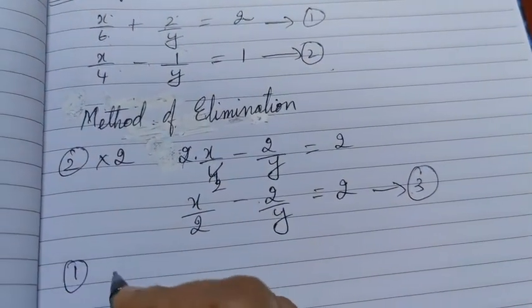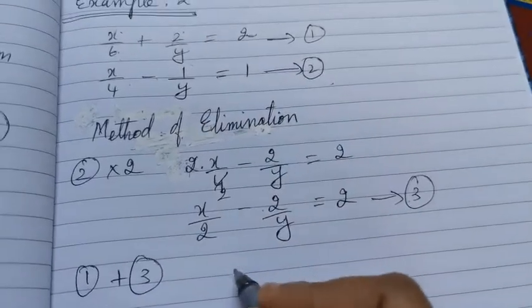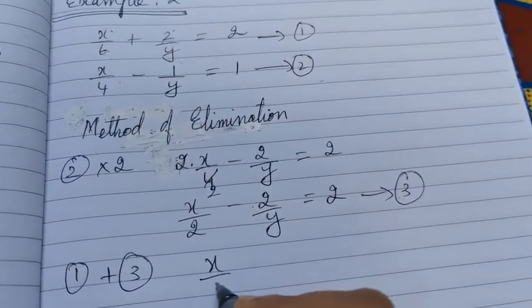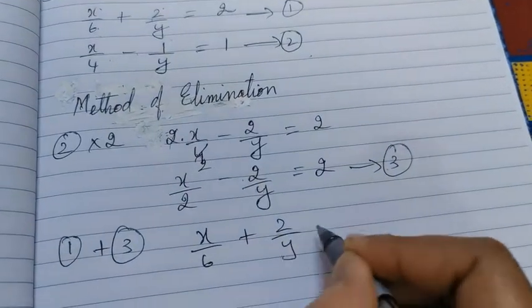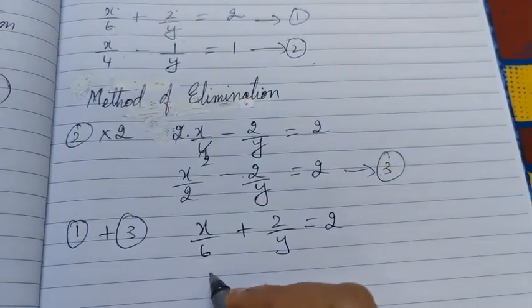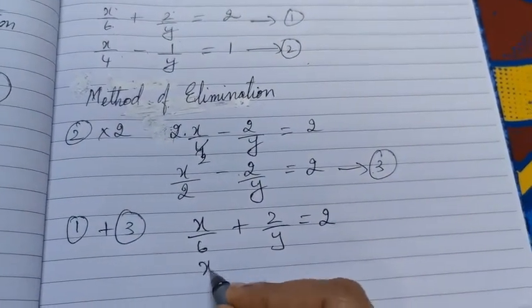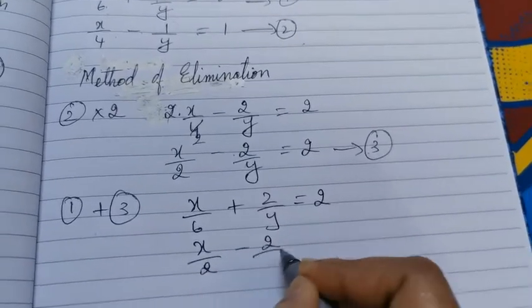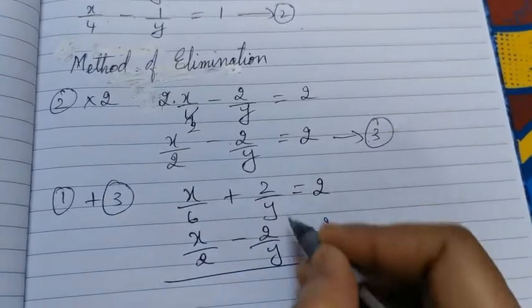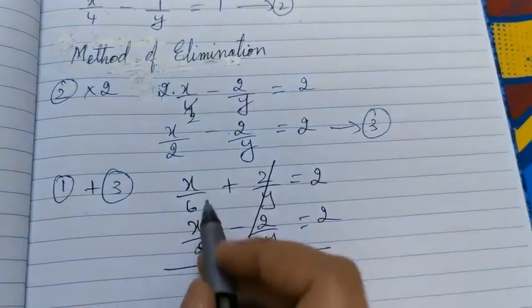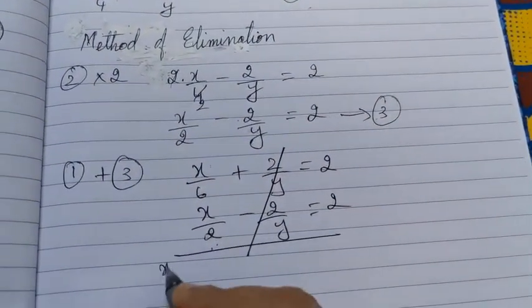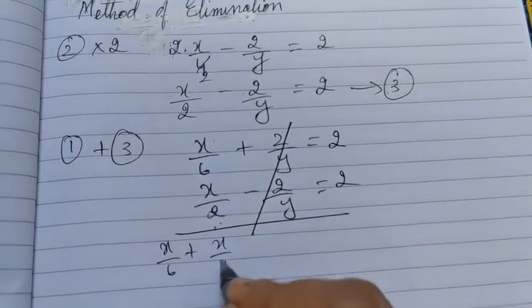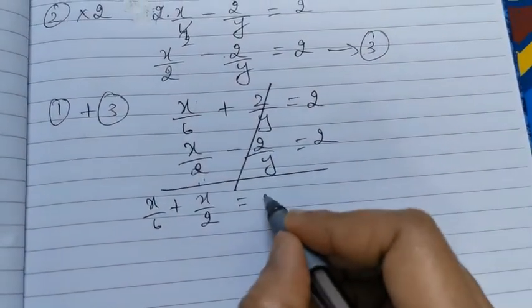So 1 plus 3. x by 6 plus 2 by y is equal to 2 is my first equation. And my third equation is x by 2 minus 2 by y is equal to 2. So when I eliminate this, what is remaining here? x by 6 plus x by 2 is equal to 2 plus 2, which is 4.